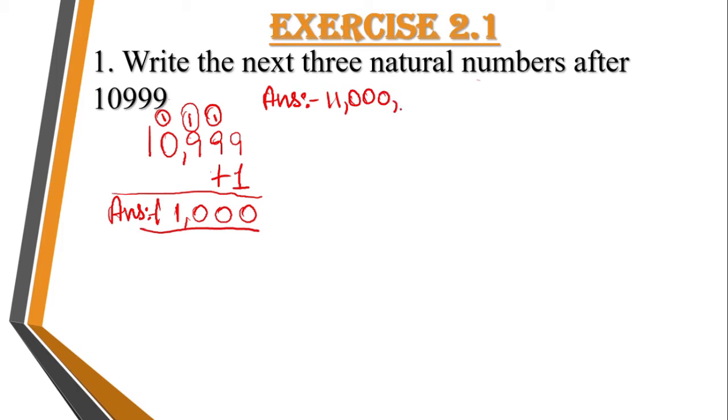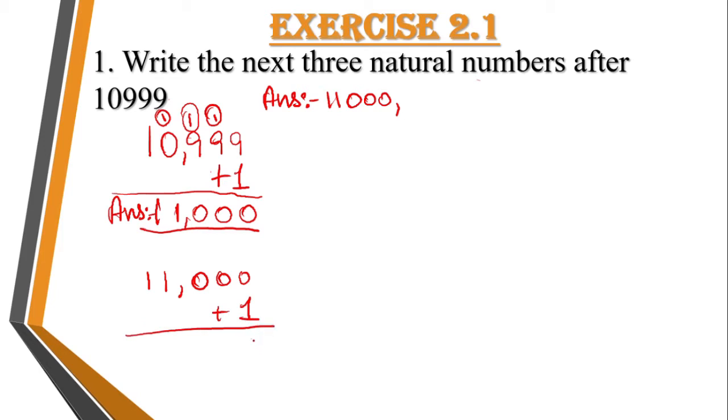So the first number will be 11,000. Now what we should do is, we should add 1 to 11,000, not 10,999. So 11,000 plus 1 we should do now.